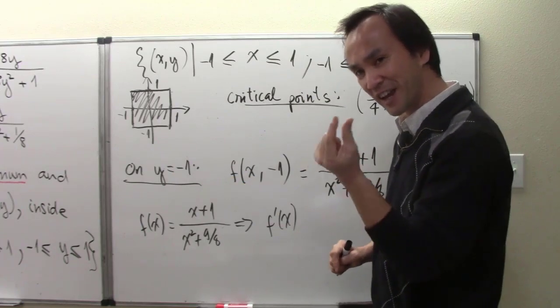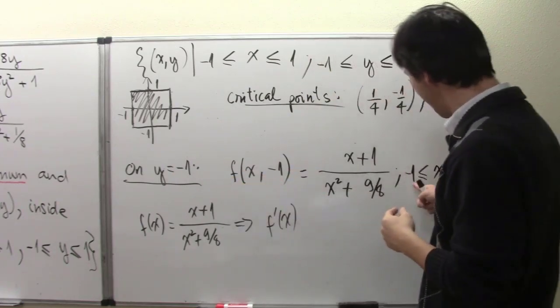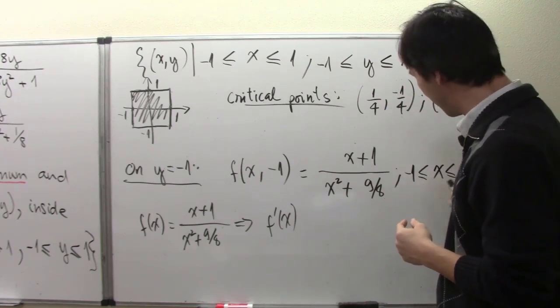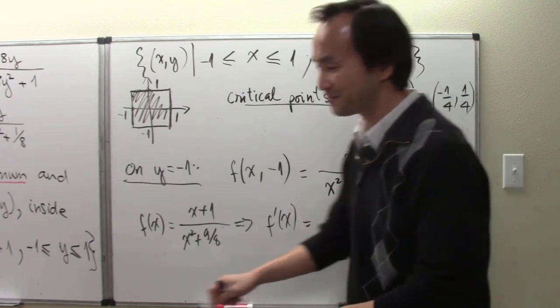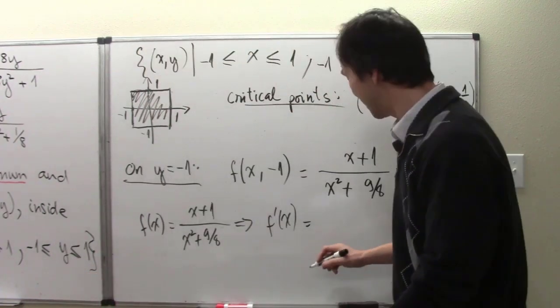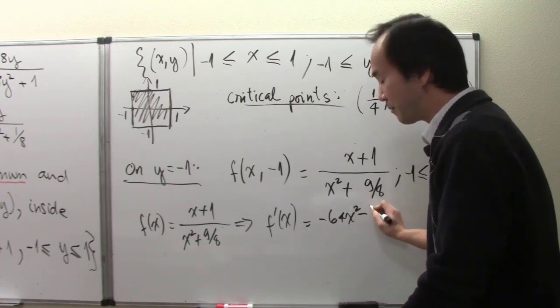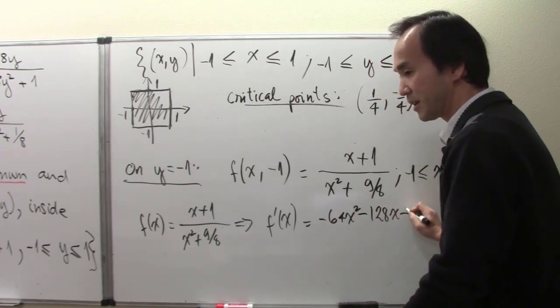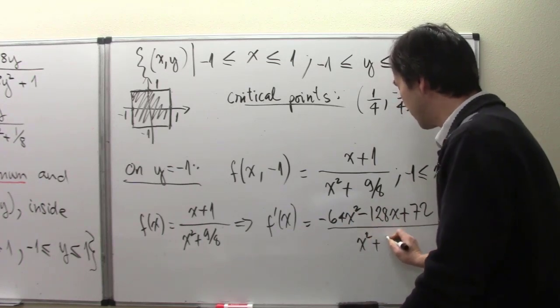So we want to find an x value giving us a horizontal tangent line, in between negative 1 and 1 for x. And so that's why I was doing all this. And so the work comes out minus 64x squared minus 128x plus 72 over x squared plus 9/8 all squared.